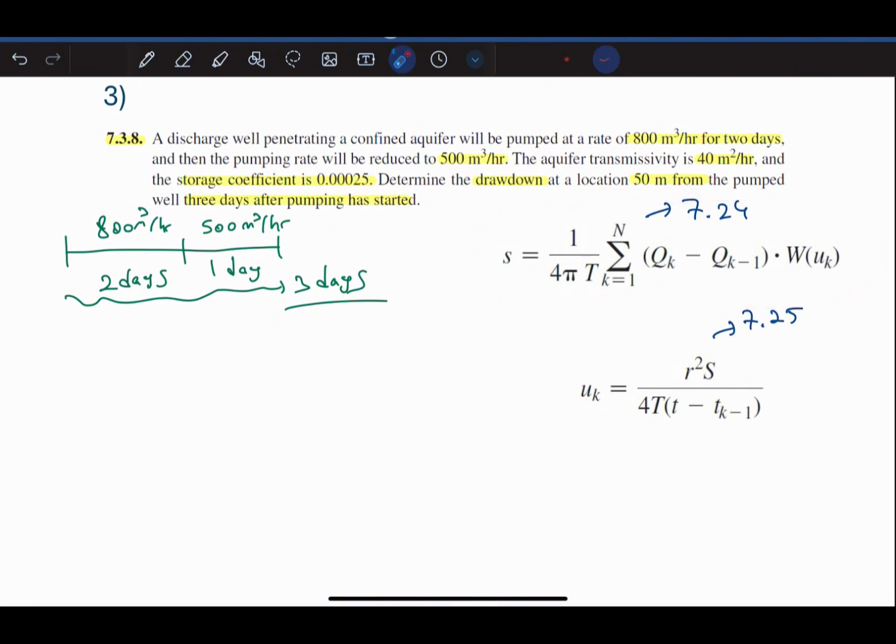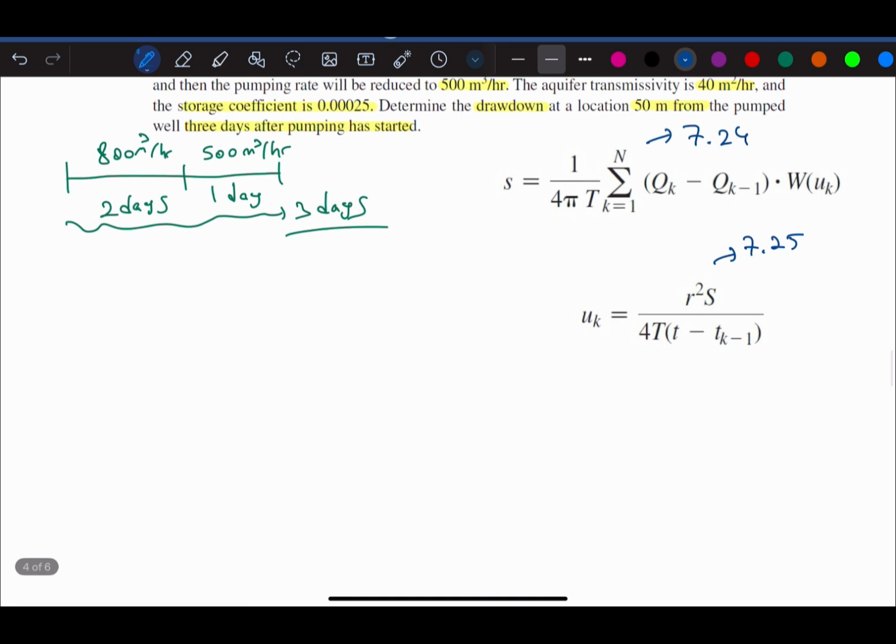And since we are changing the flow rate, you can also change the equation for U. So let's see what we have. Also for these questions, after the pumping stopped, we will have Qn equal to 0, Q0 equal to 0, and T0 equal to 0.